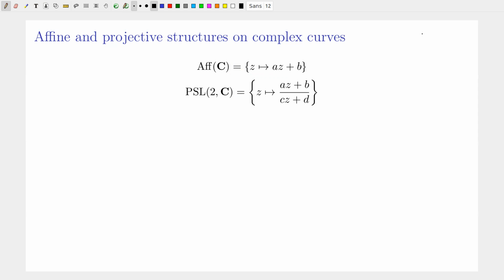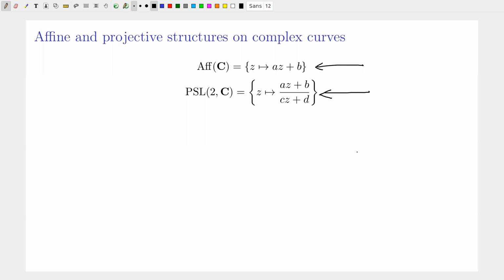The first is the group of affine transformations of the complex line, as real geometry of R2 is just rotations, translations and homotheties, and these generate this group of affine transformations of the complex line. And we have this other group, the group of Möbius transformations, or fractional linear transformations, PSL2C, that acts naturally on the extended plane, the complex projective line, the Riemann sphere, by fractional linear transformations.